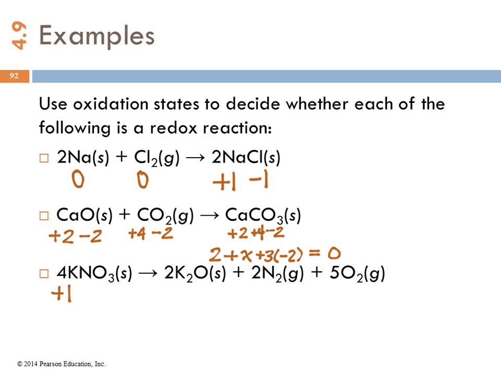Oxygen. Oxygen gets to be -2. So we have 3 -2s, and we have X for nitrogen, and we have 1 for the potassium. So this is 1 plus X minus 6 has to equal 0. What's X? 5. So the nitrogen, I'm going to write it above because I didn't leave enough space. The nitrogen's +5. Everybody okay with that?